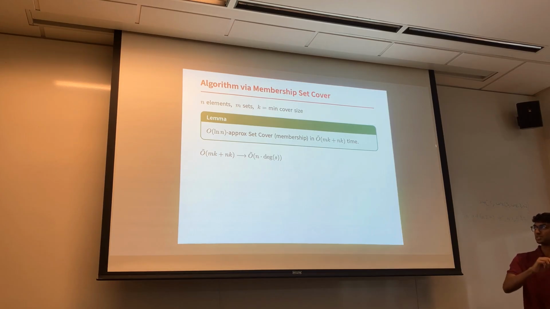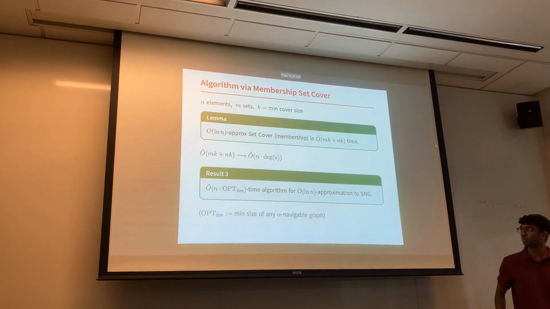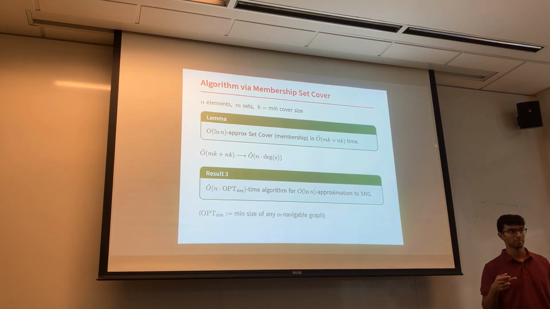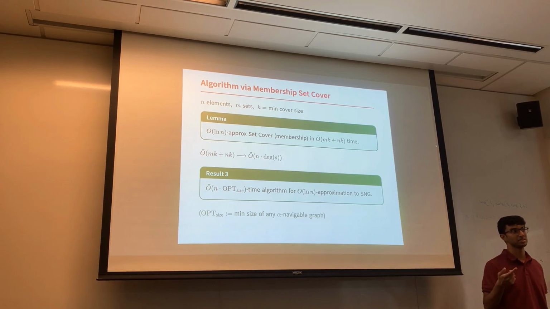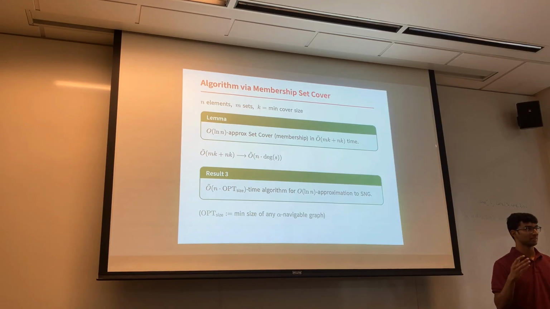So, if you run these set cover algorithms at each of your source vertices, we'll obtain an n times opt size time algorithm for a log n approximation. And opt size here refers to the minimum number of edges in any alpha navigable graph. So if the best alpha navigable graph for your instance contained like n to the 1.5 edges, our runtime will be n to the 2.5.